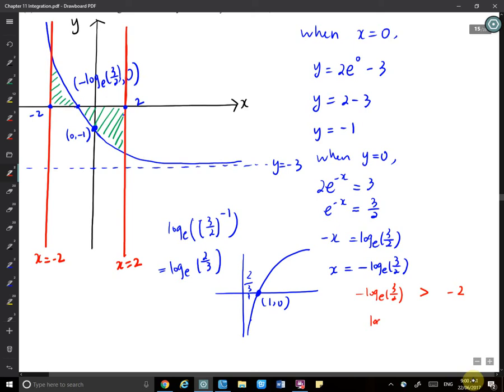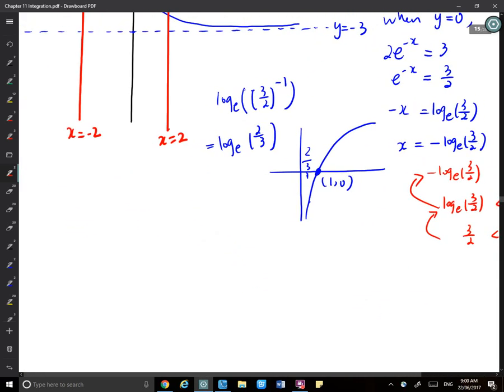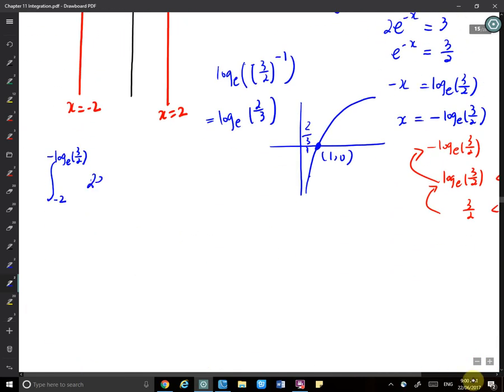That's greater. Log e 3 over 2 is smaller than 2, because 3 over 2 is less than e to the power of 2. Okay, going backwards. So what I should write here is the integral from negative 2 to negative log e 3 over 2 of the function 2e to the power of minus x minus 3 dx.